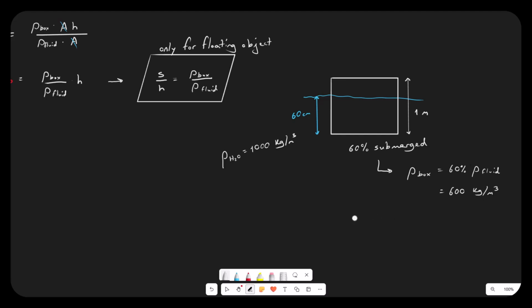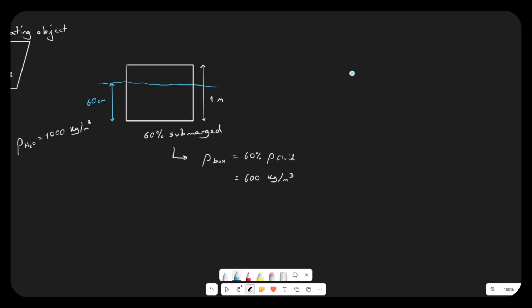If I drop a block of wood into this same water, and I know that the density of the wood is 700 kilograms per cubic meter, I would divide that by the density of the water. And that is 70%. This box is going to float with 70% of itself submerged.